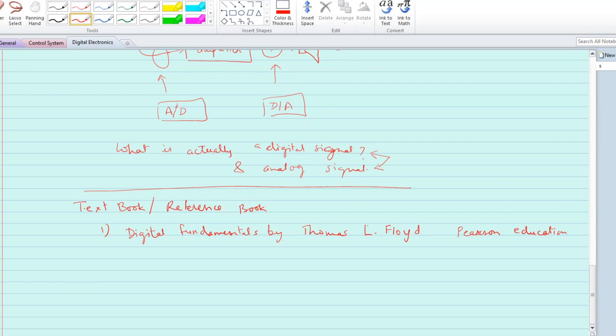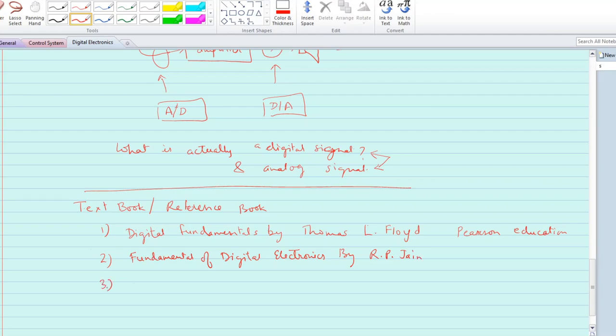And the second is Fundamentals of Digital Electronics by R.P. Jain.